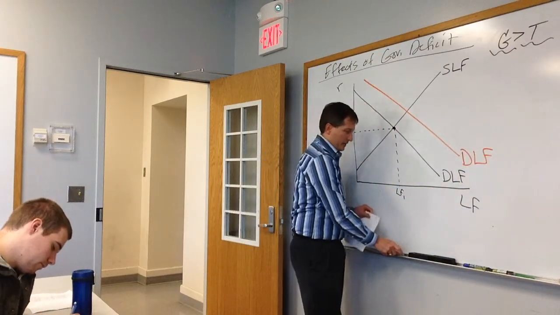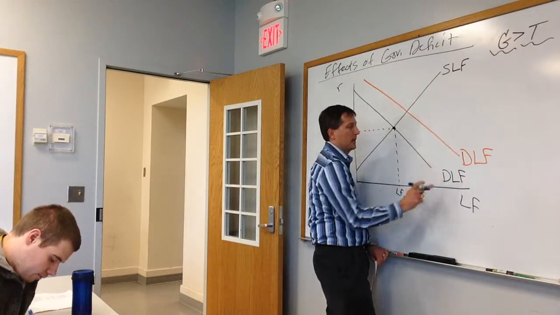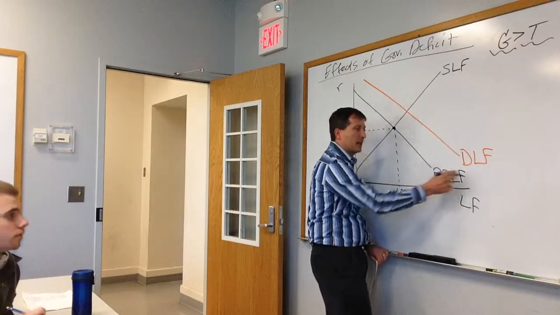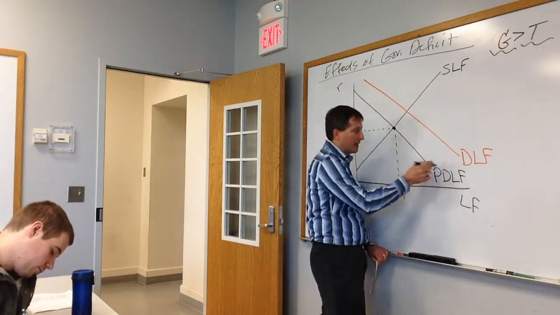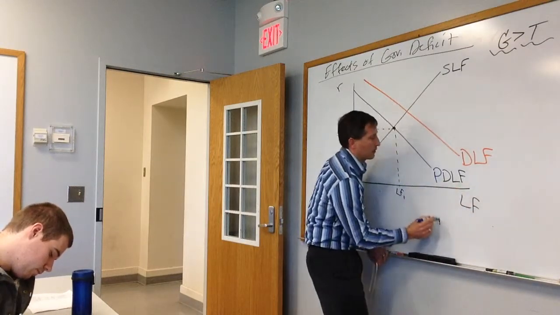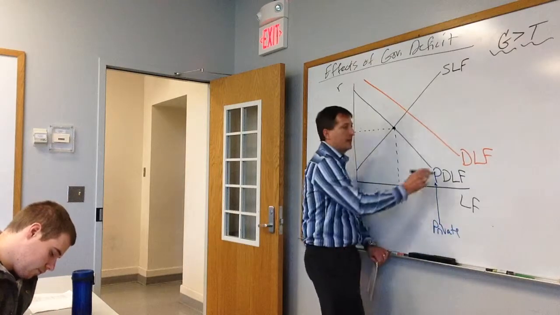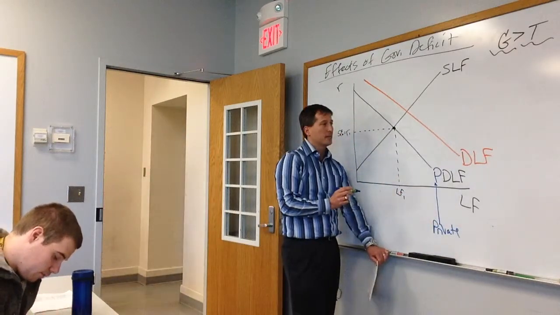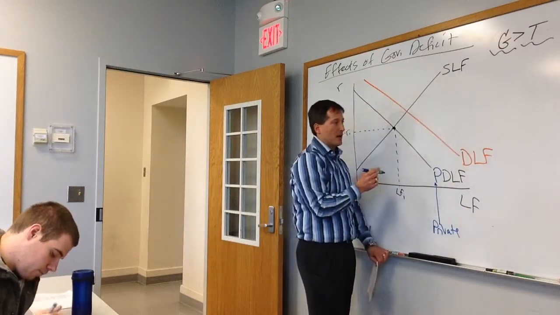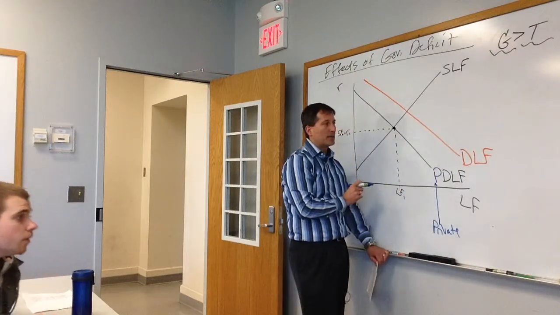Now what I want to do is add in the way the textbook does it. I kind of like it this way. We're making a distinction between the private demand for loanable funds. So just sneak in a little P over here. The P stands for private sector. Private demand for loanable funds. And the demand for loanable funds now has both government and private sector in it.